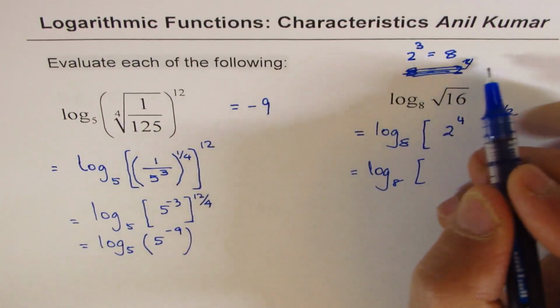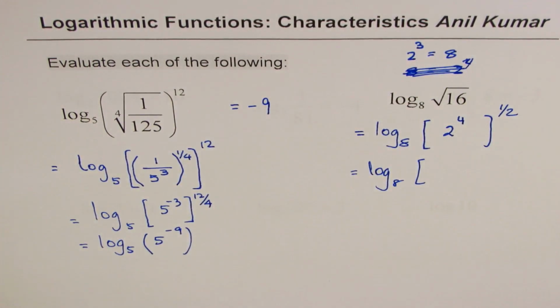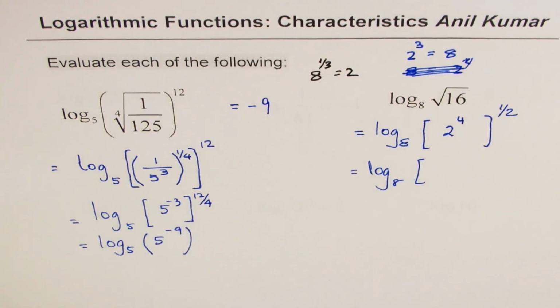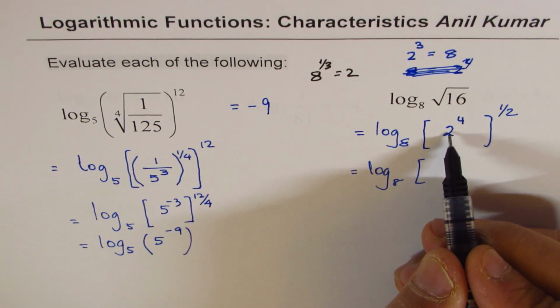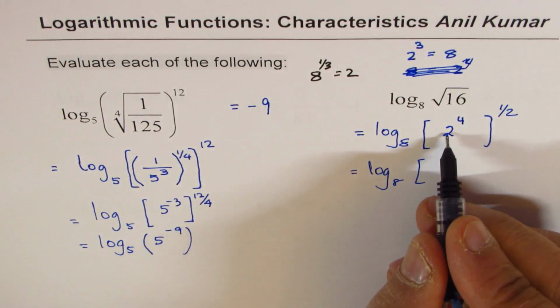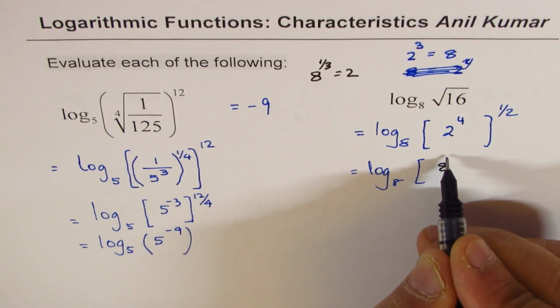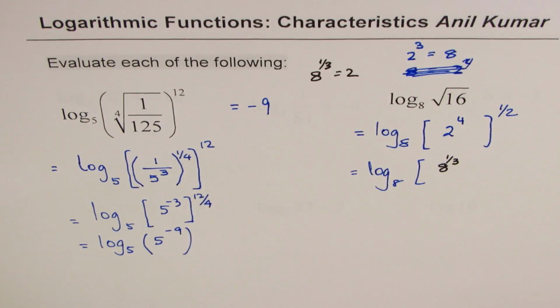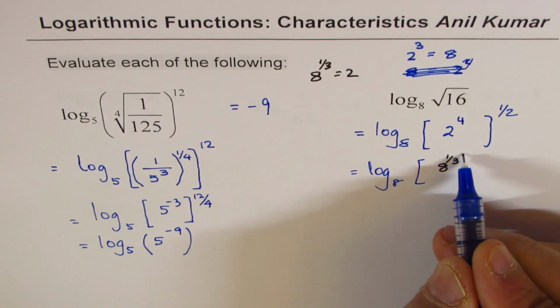So let me change the ink now. 8 to the power of 1 over 3 is 2. Cube root of 8 is 2, right? So instead of 2, I will write cube root of 8. You get an idea. This is what I'm going to use now. So instead of 2, I'm writing cube root of 8. Does it make sense to you? And rest I'll maintain as it was.